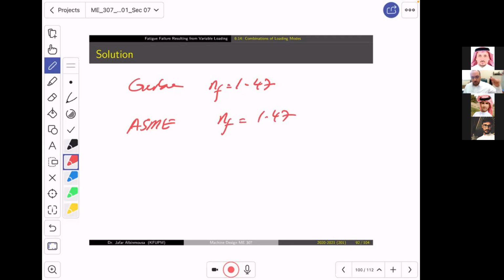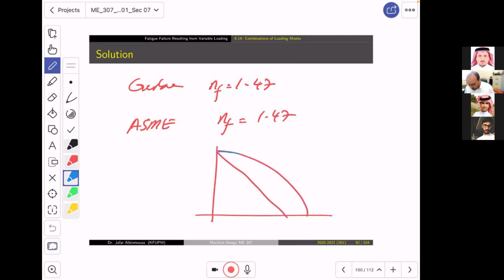I would like to tell you that if you go to the slide, you will see me drawing the criteria, and you will see that based on this problem, you will have the load line coming like this. Here, both Gerber and ASME will give you the same value because they are on top of each other.